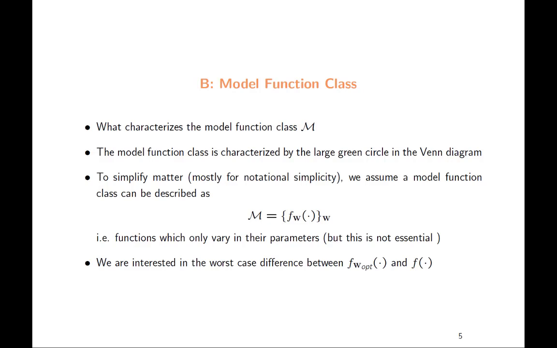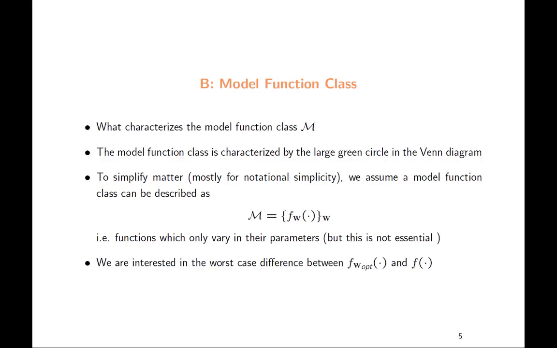Just to simplify matters, mostly for notational simplicity, we assume a model function can be described as all functions of a particular form with a parameter vector, and by varying this parameter vector, we get different members of this model class.